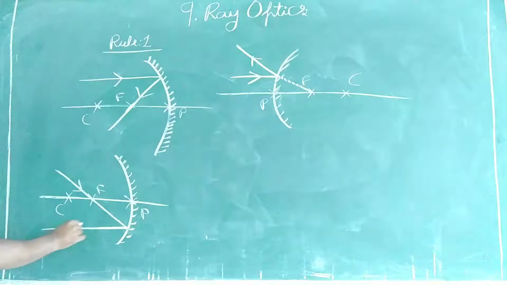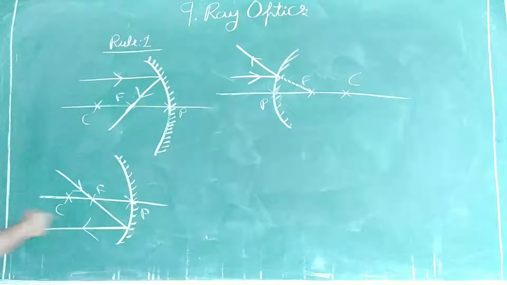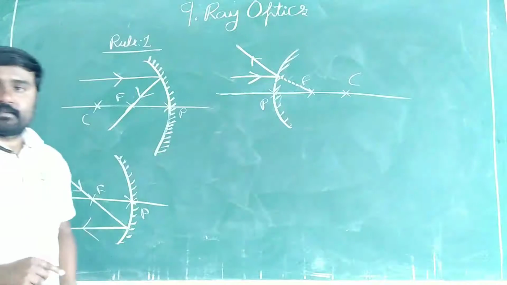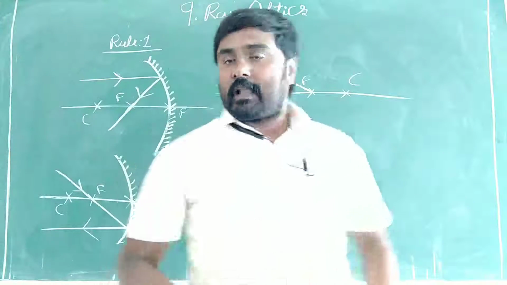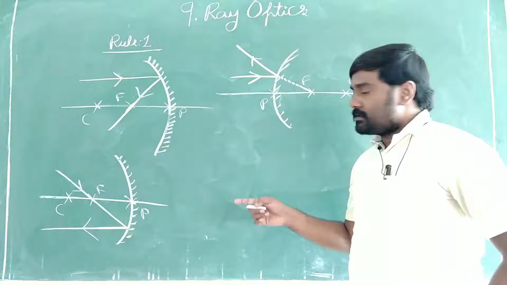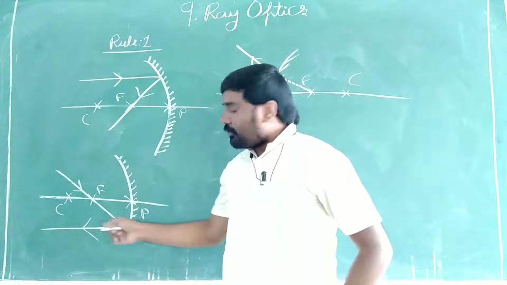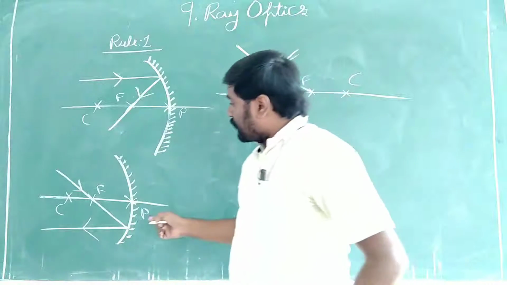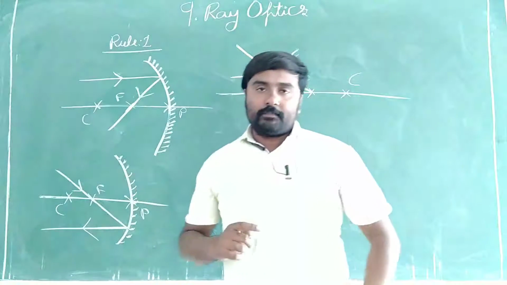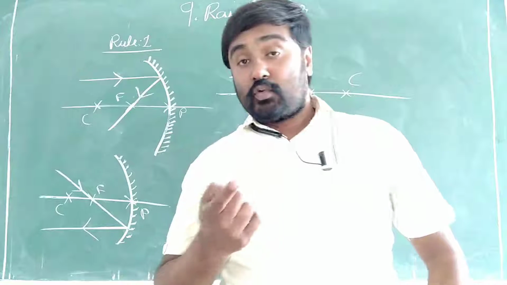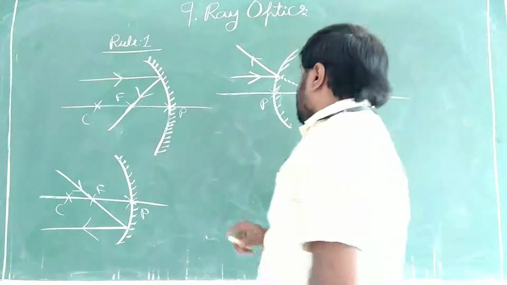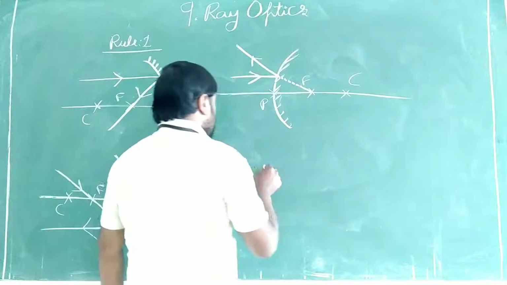After reflection, the reflected ray goes parallel to the principal axis. That is rule number 2 in case of concave.